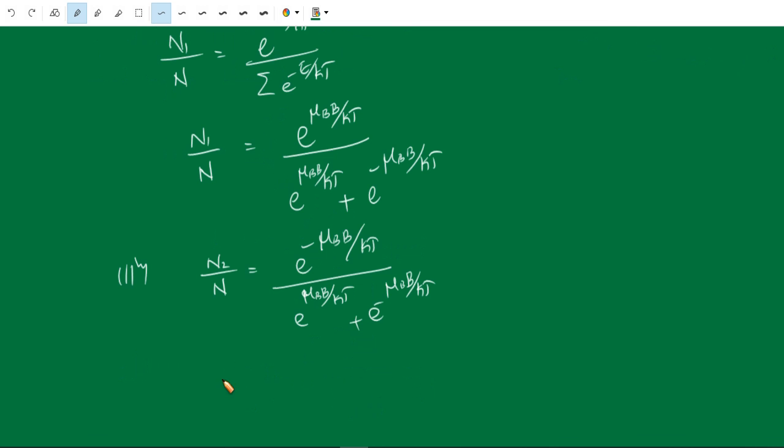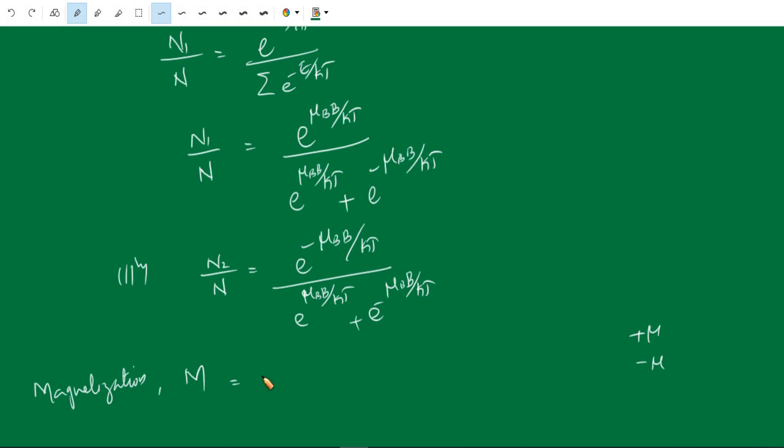Now the total magnetization, or magnetic moment per unit volume, M, is equal to, here in the lower level the magnetic moment is plus mu, and in the upper level it is minus mu. Okay, the magnetic moments are directed opposite in both cases.